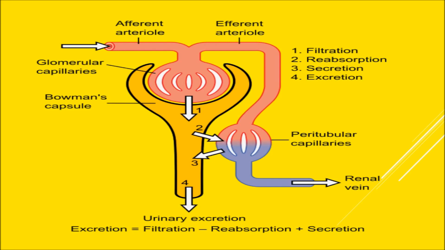Due to the pressure, the blood that passes through the capillaries of the glomerulus is ultra-filtered, and that is what we are studying, the first step of the mechanism of urine formation, that is ultrafiltration. During ultrafiltration, blood cells cannot pass through the pores, and hence only blood plasma is filtered.